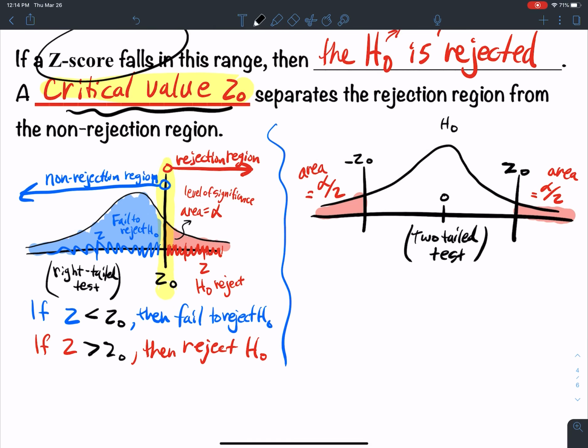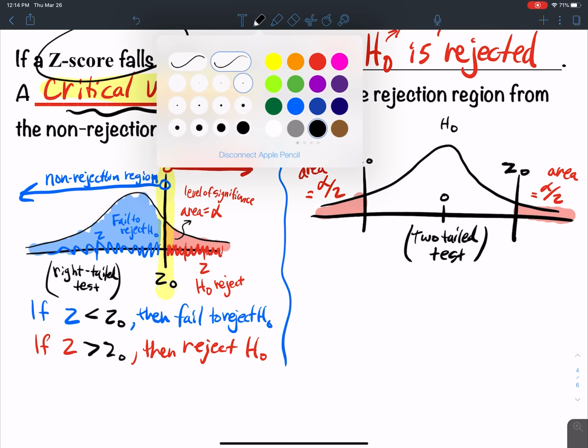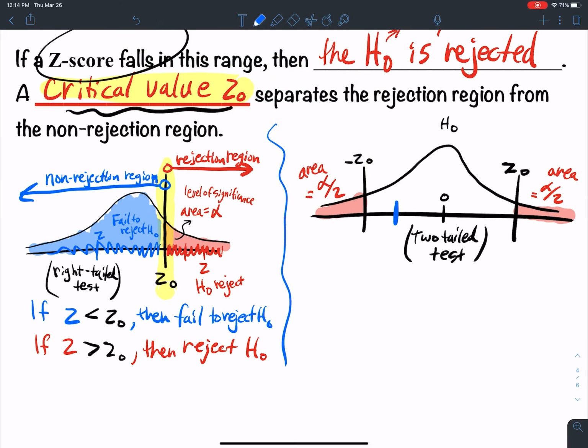The H0 is true. Now, the rejection region here, okay? So say I get some z-score in here. So maybe I get a z between these two. If z is between the positive z naught and the negative z naught, okay, so what does that mean?